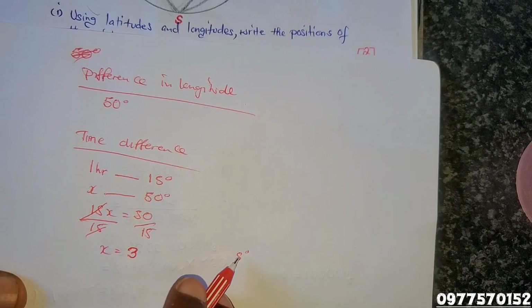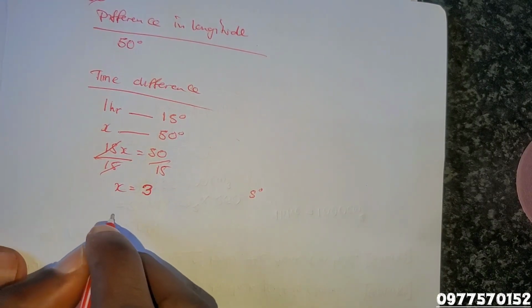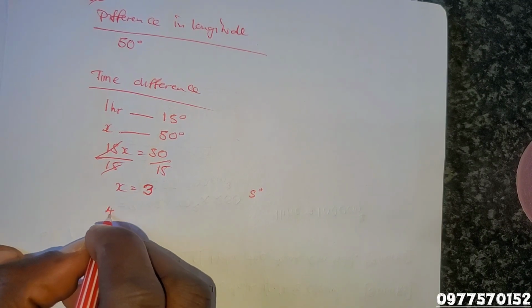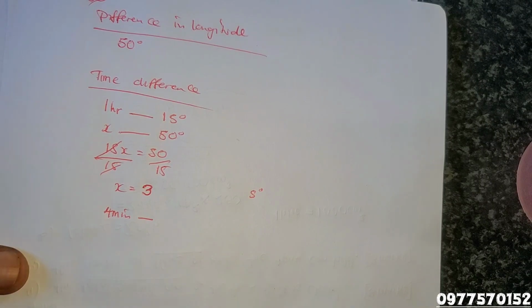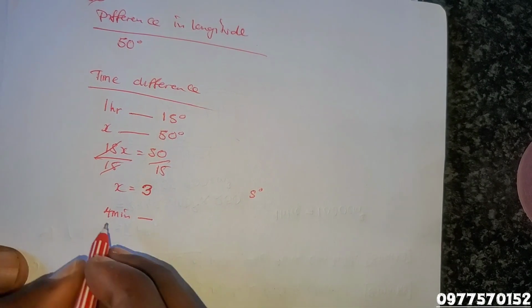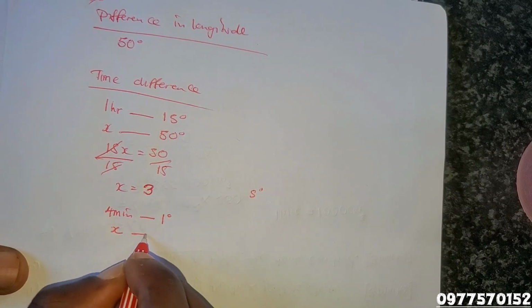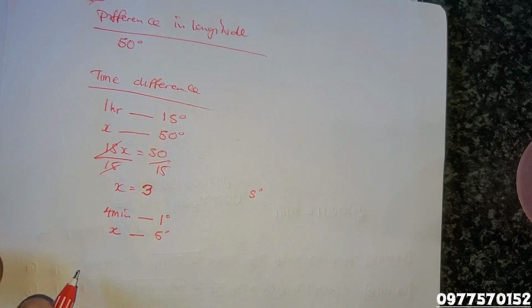So let's use the other conversion again. 4 minutes is equivalent to 1 degree. Then x minutes is equivalent to 5 degrees. The remainder there, you should remember.